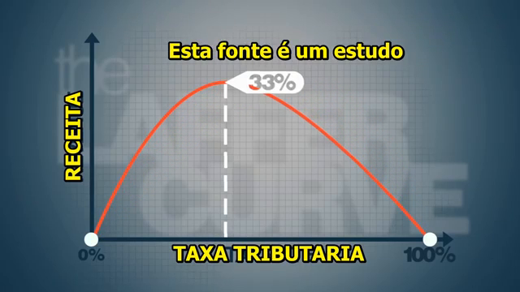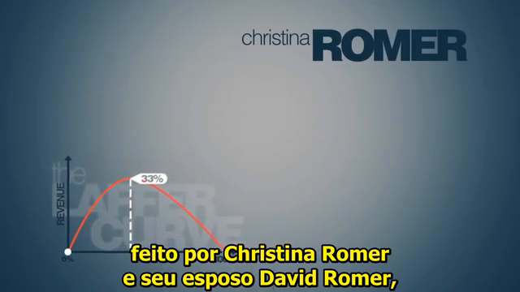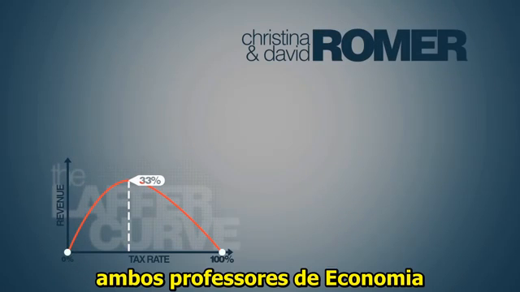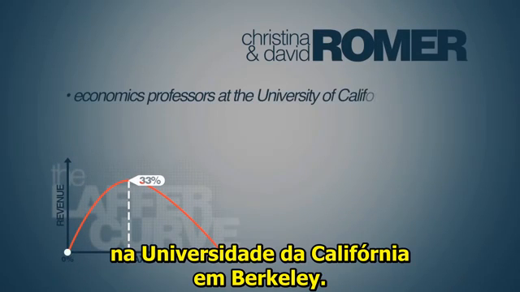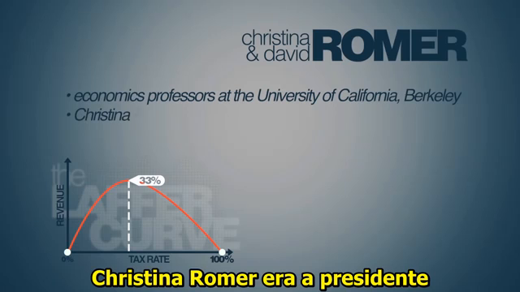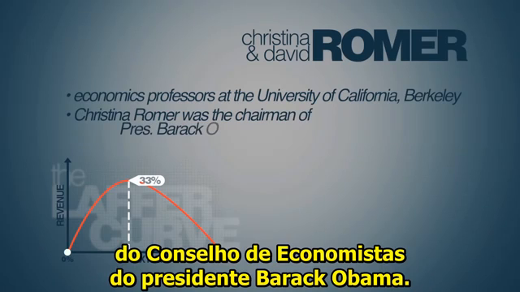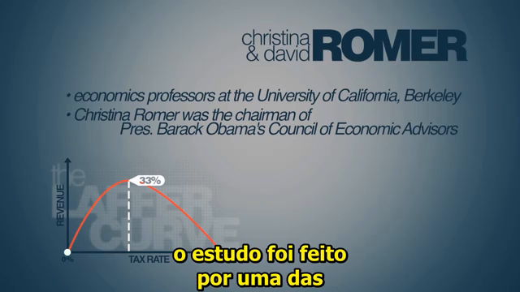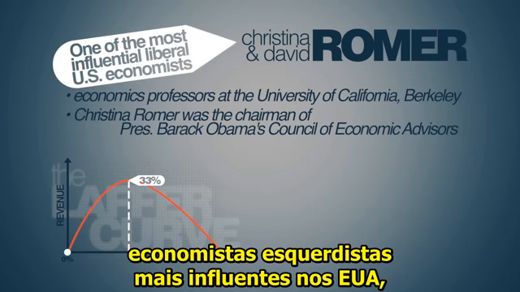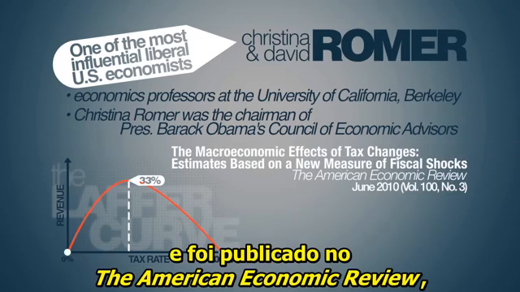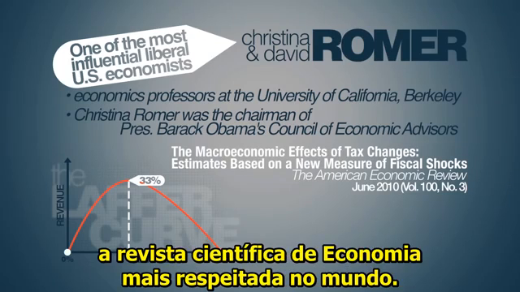That source is a study by Christina Romer and her husband David Romer. Both are economics professors at the University of California, Berkeley. Christina Romer was the chairman of President Barack Obama's Council of Economic Advisors. In other words, the study was written by one of the most influential liberal economists in the United States, and it was published in the American Economic Review, the most widely respected economics journal in the world.